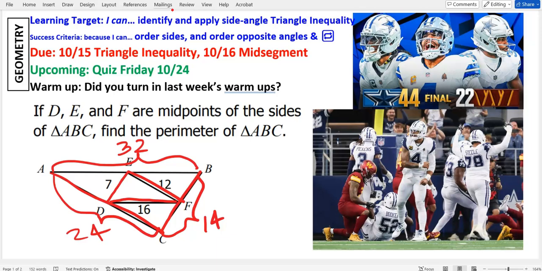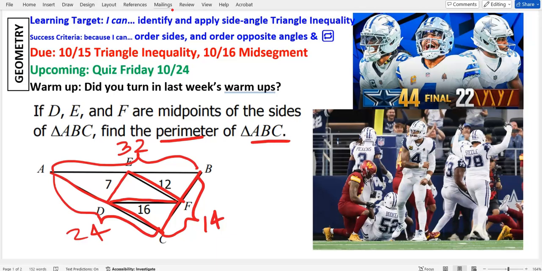All right, now, what's the answer here? Find the perimeter of ABC. Y'all know what perimeter is? Like you add up all the sides? Okay, so now they're asking you for the perimeter. Now, if you just add up the three numbers on the inside, that's not ABC, right? This inside one is DEF.